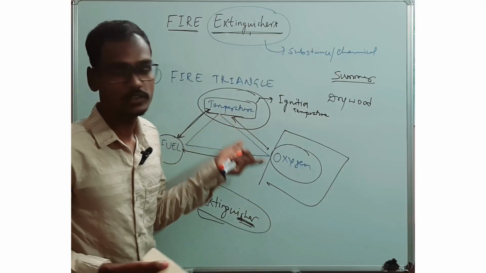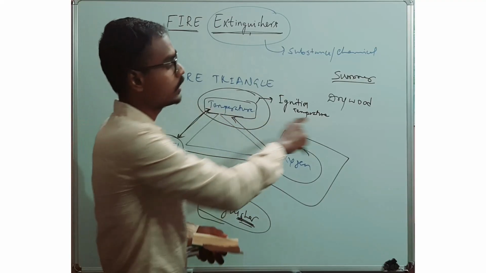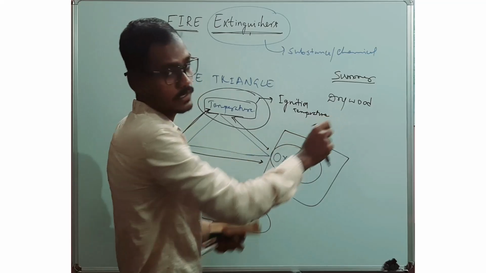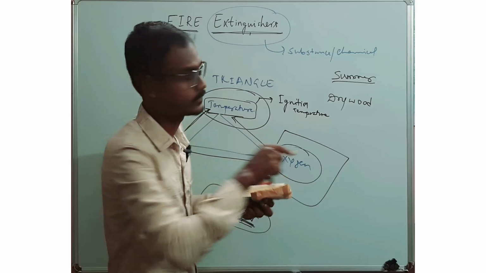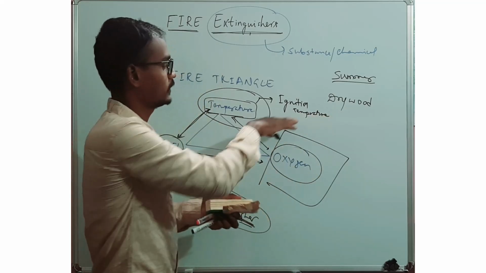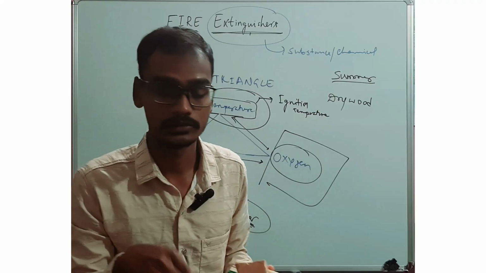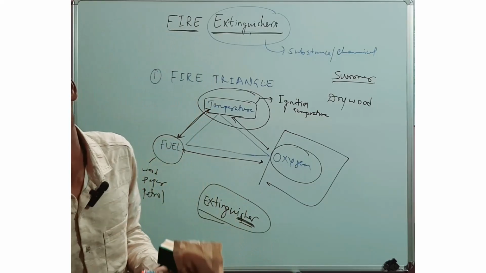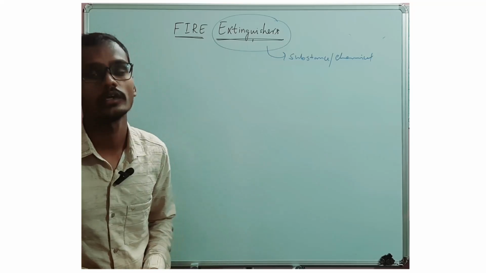If we decrease the temperature of the fuel, for example, dry wood that is currently on fire, if you pour water, the wood temperature decreases. What happens then? The temperature is very low. Then can that wet wood burn? No, not at all.